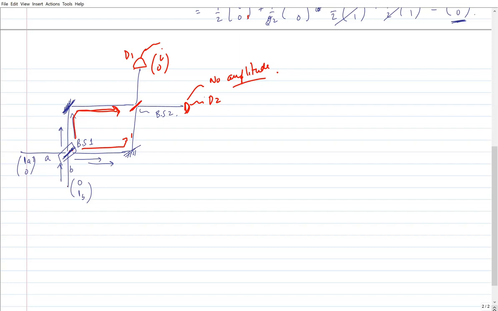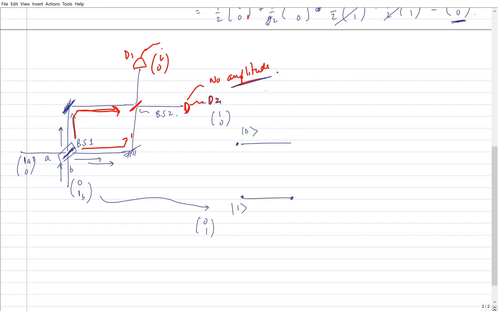Essentially, what's happening in the path integral picture, let me call these states 1 and 0, where 1 is this guy, 0 1, and 0 was when all the light was in the upper port.